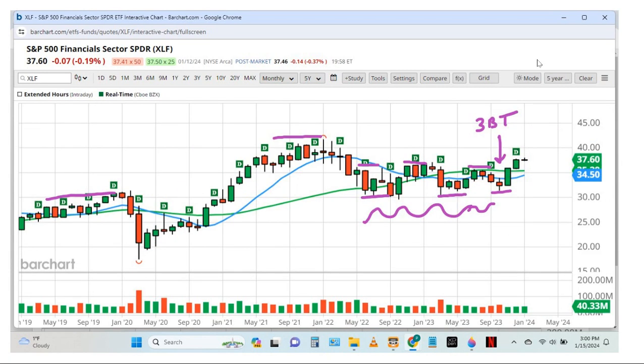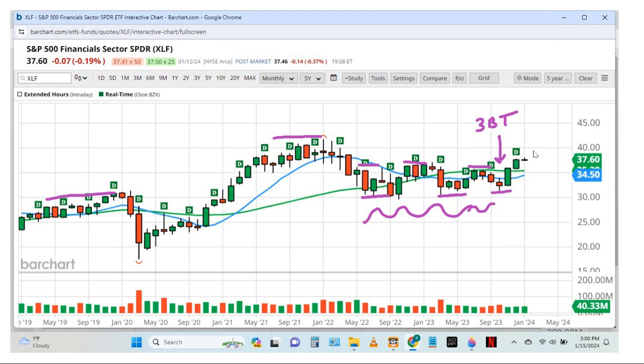Financials, looking out to 24, had a sideways trend range for the last year, and now it's got this little buy setup breakout here. Starting again, this was November, December, now January looks higher.